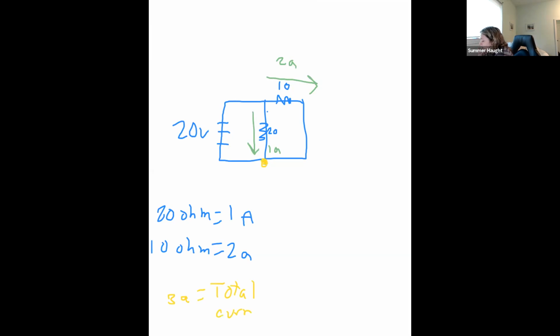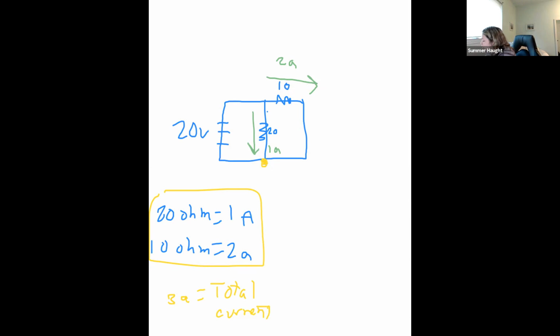So again, that's just showing the principle that if you have to calculate the current in a specific branch, like we had to do right here, you can actually skip that whole long step of finding our total current, because you don't have to use that equation if you know this. We just know that the sum is going to equal 3, and that's what we started with.